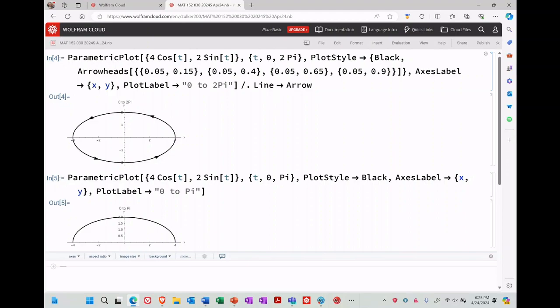It's the upper half of the ellipse. Right, much like 0 to pi is the upper half of a circle. Right, remember, a circle is an ellipse.